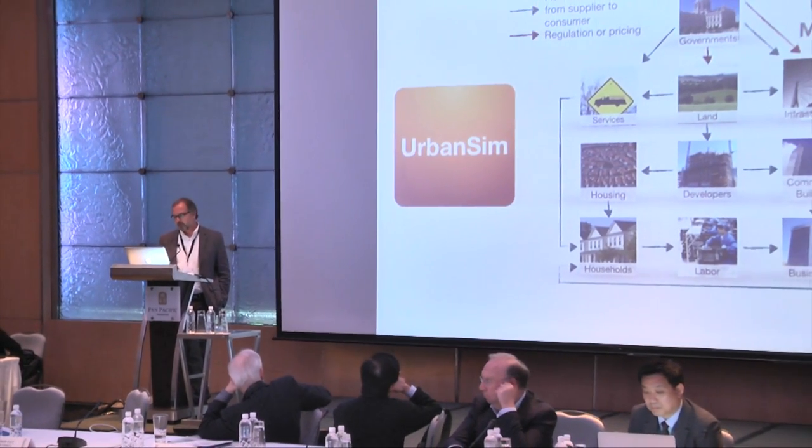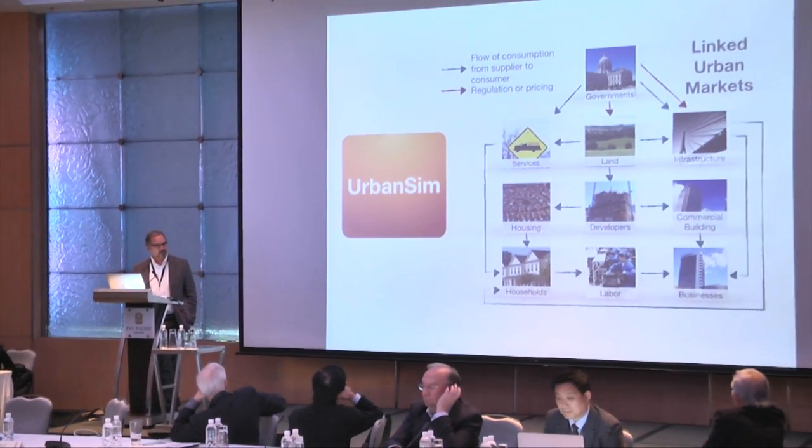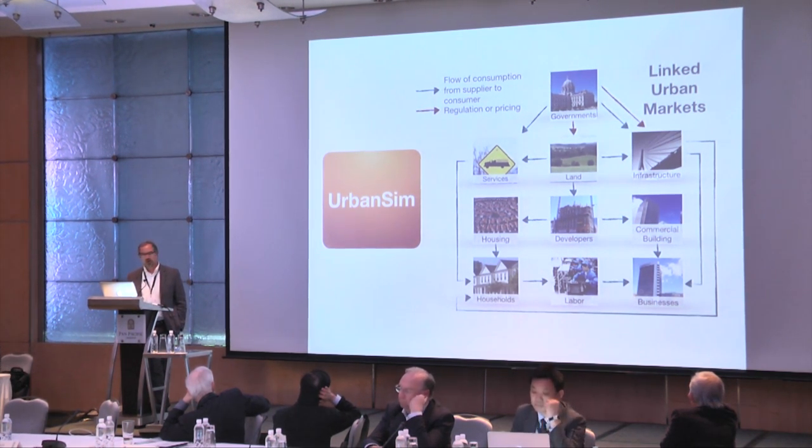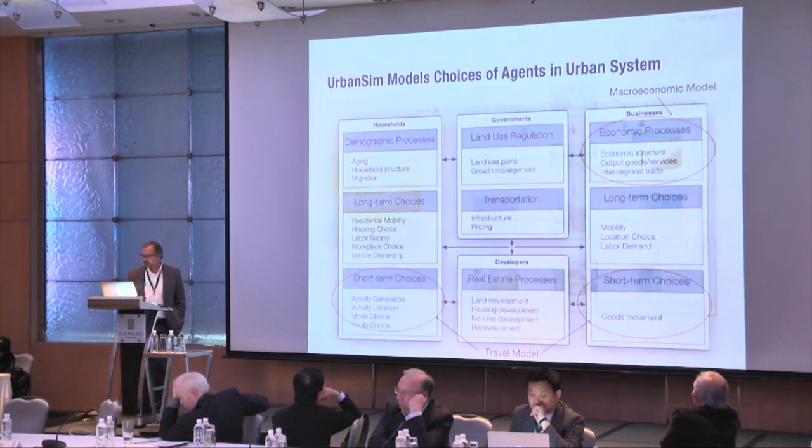We're talking about households and businesses that are consuming floor space and housing in different locations and that interact in the labor market and the market for goods and services. All of these are tied together in positive and negative feedback loops that help us understand the real estate market at least at an abstract level.